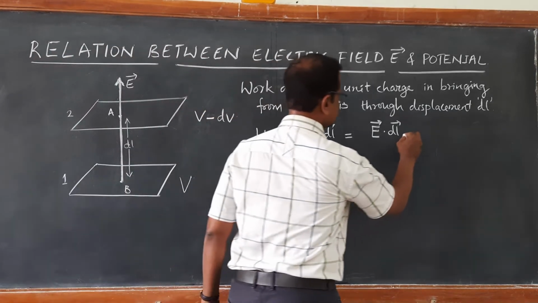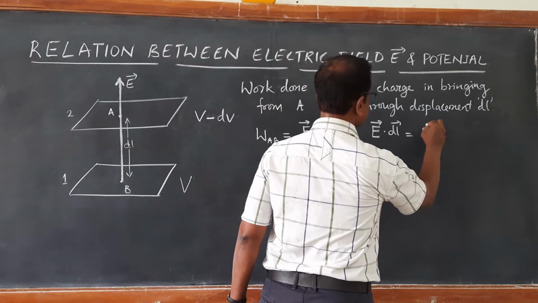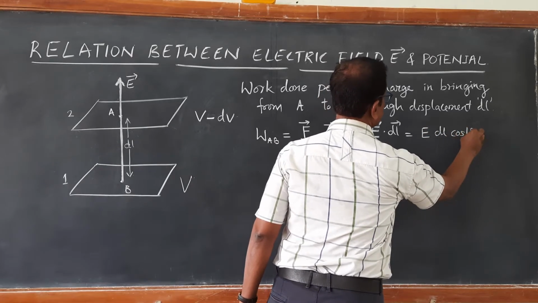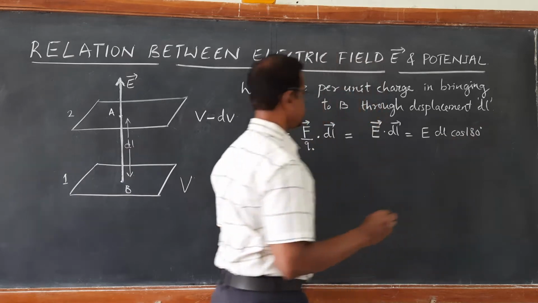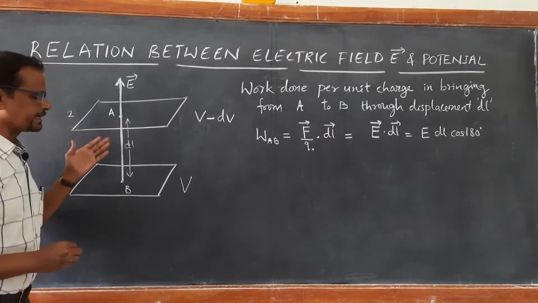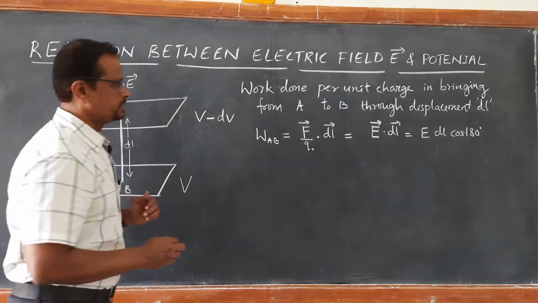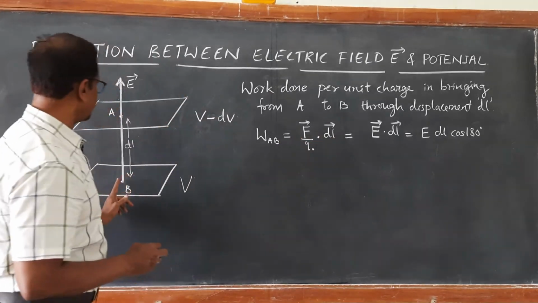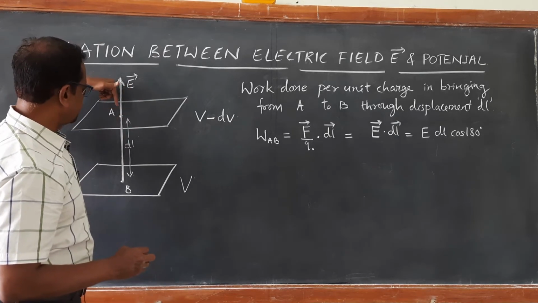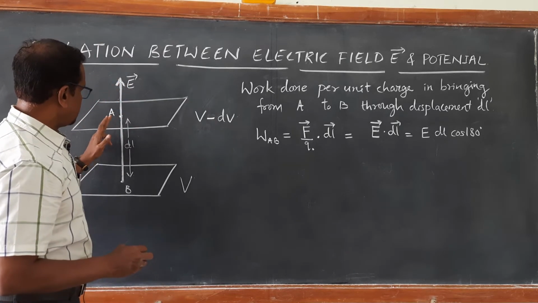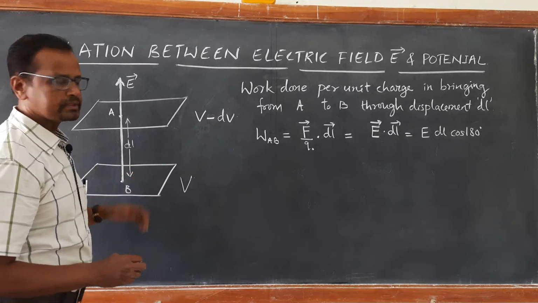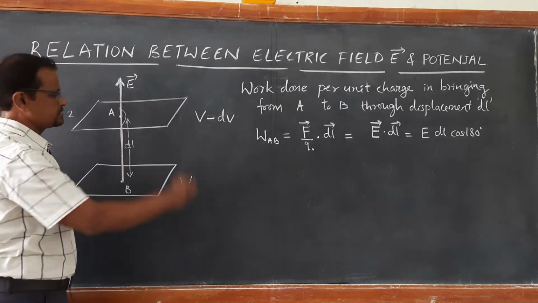If you calculate this, it becomes E dl cos 180, work done against the electric field, because the electric field is in this direction and displacement is from A to B. So, they are exactly in the opposite direction, and the angle between them is 180 degrees.